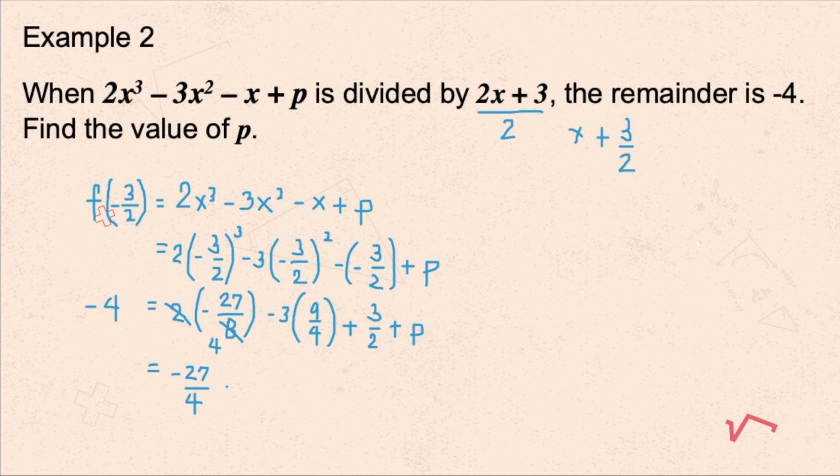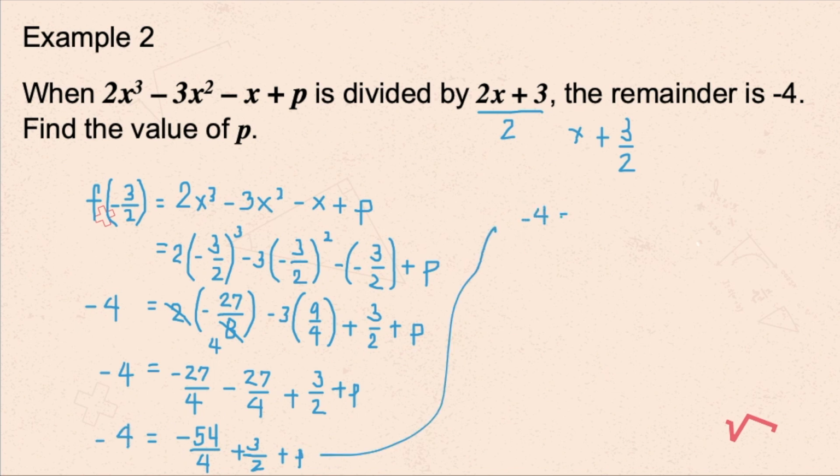Then 3 times 9 over 4 will be 27 over 4, plus 3 halves plus p. So combine negative 27 over 4 minus 27 over 4. This will be negative 54 over 4 plus 3 halves plus p equals again to negative 4.